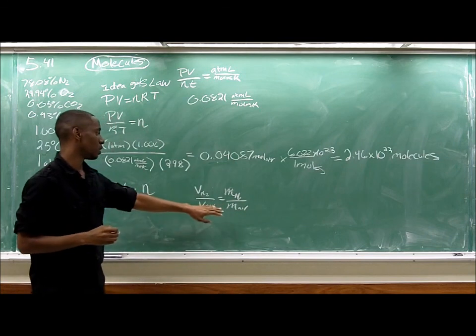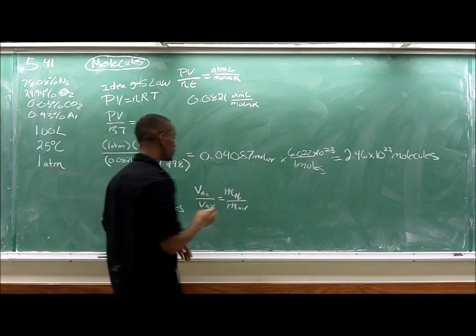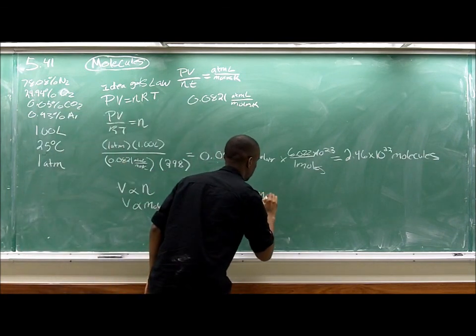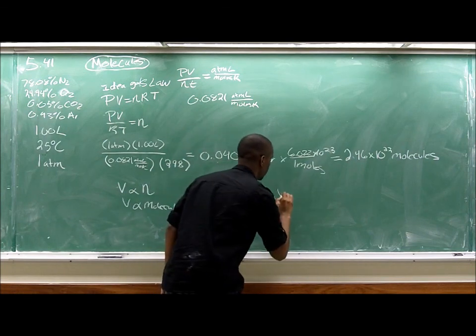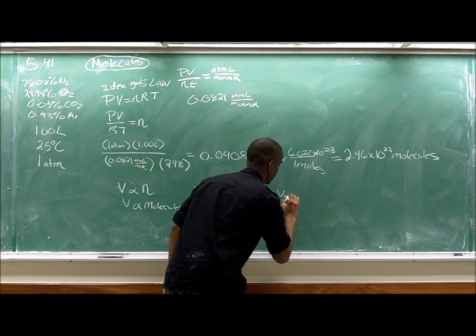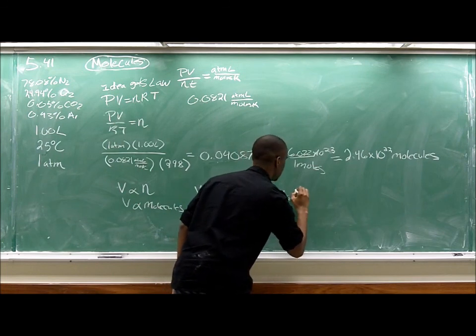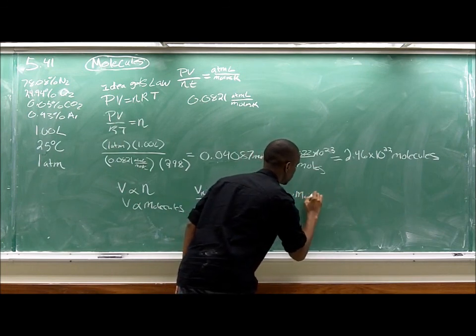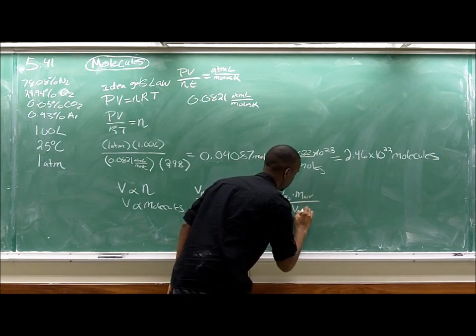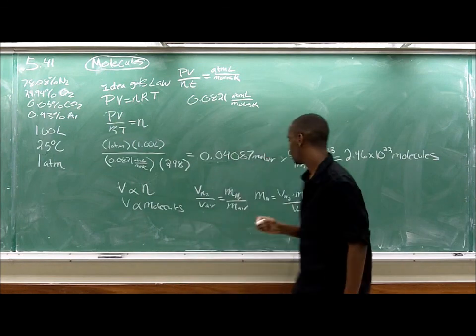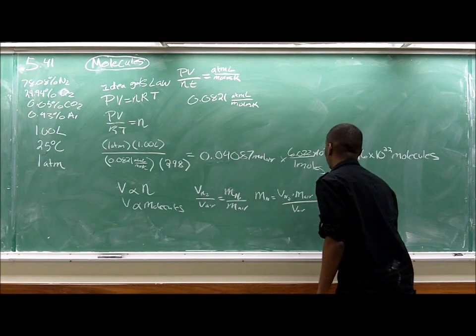From here, we solve for molecules of N, which is the volume of nitrogen times the molecules of air all over the volume of air, which we can plug in.